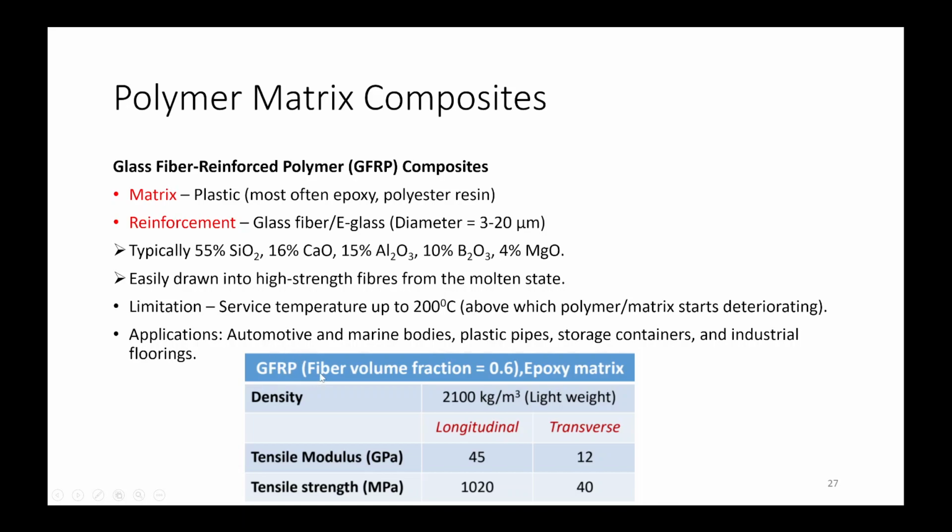Now these glass fiber reinforced composites have a density of 2100 kg per meter cube, which is lightweight, and they have tensile modulus of 45 and 12 in longitudinal and transverse direction, and tensile strength of 1020 and 40 in longitudinal and transverse directions.